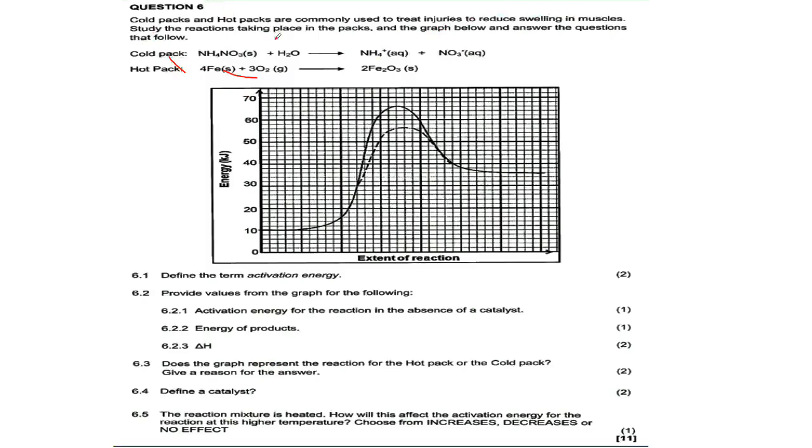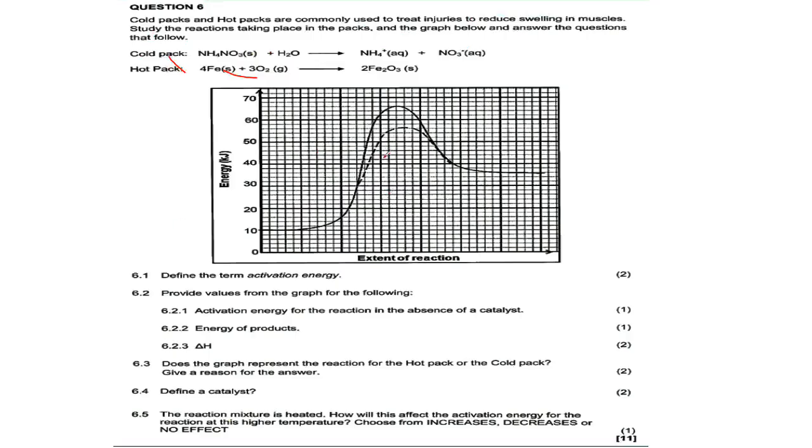Study the reactions taking place in the packs and the graph below and answer the questions that follow. So we are given the cold pack with this reaction here. Once it says cold pack, this is obviously an endothermic reaction. And then this is a hot pack, which is obviously an exothermic reaction. Then we are given this graph here.